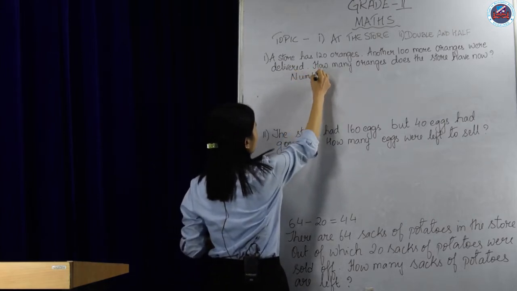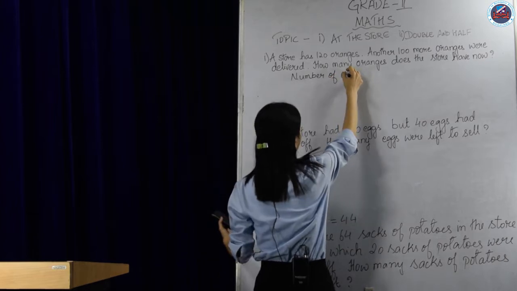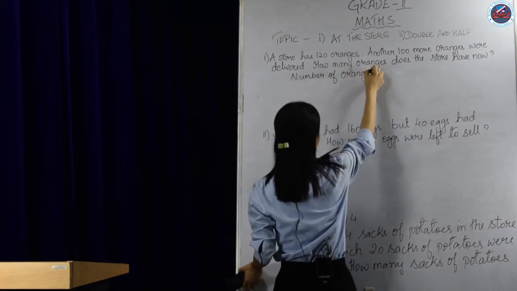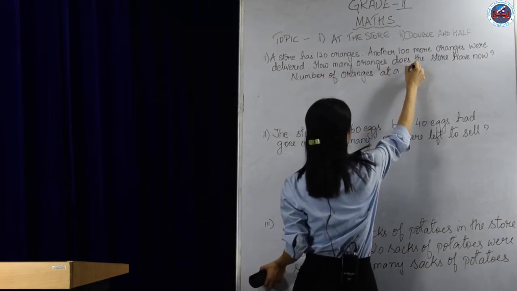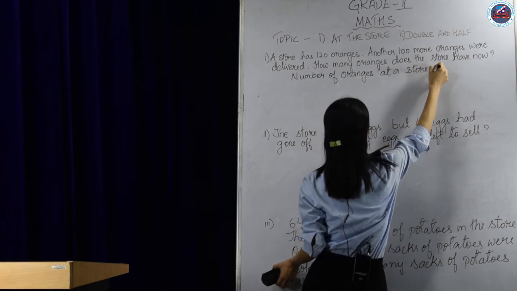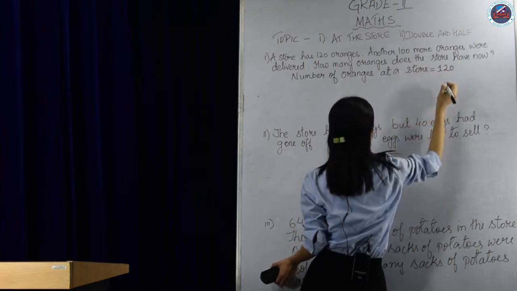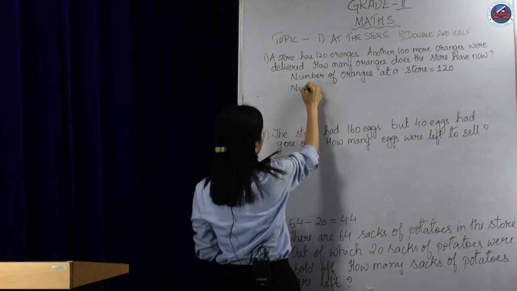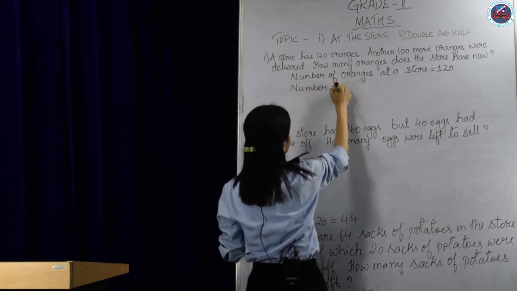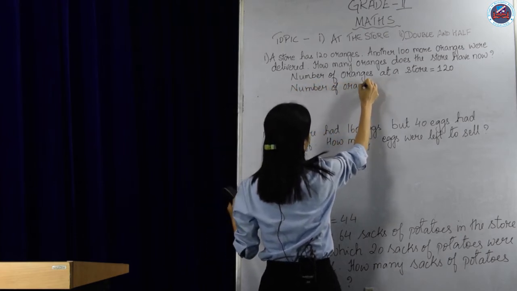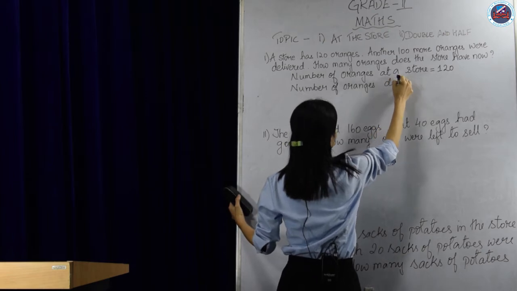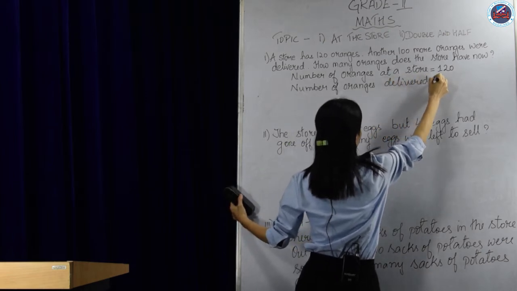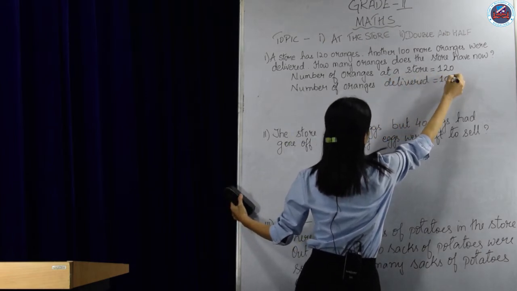Number of oranges at the store equal to 120. Number of oranges delivered equal to 100.